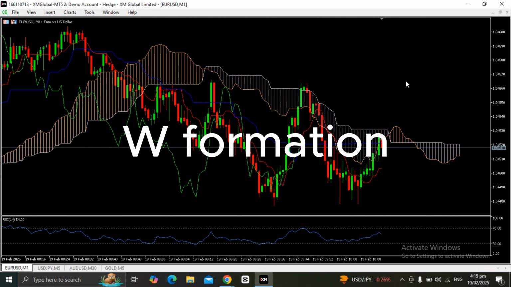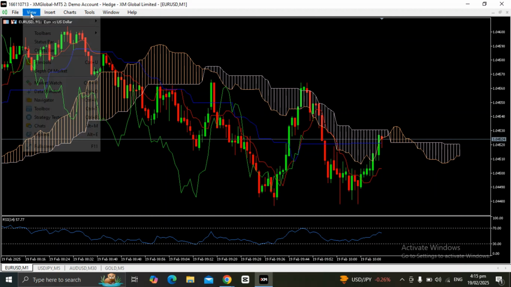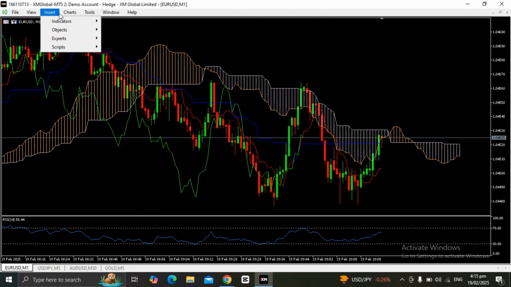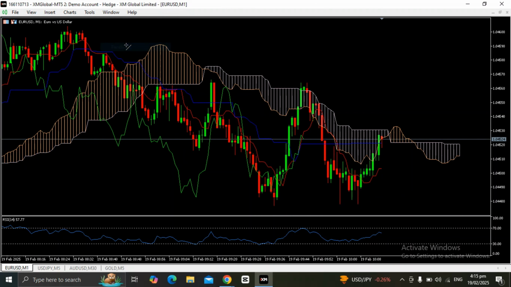So if you look at this euro versus dollar chart on its 1 minute time frame, you can see I put a line object, like so.